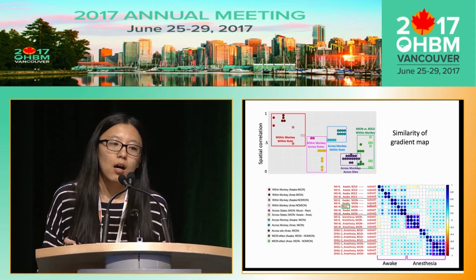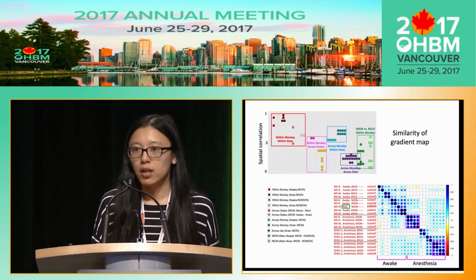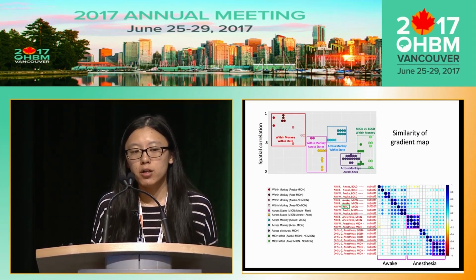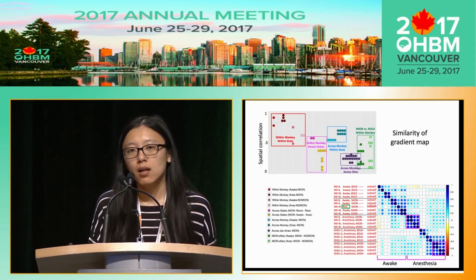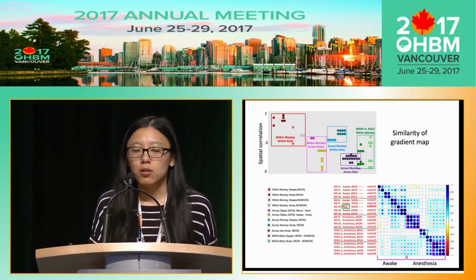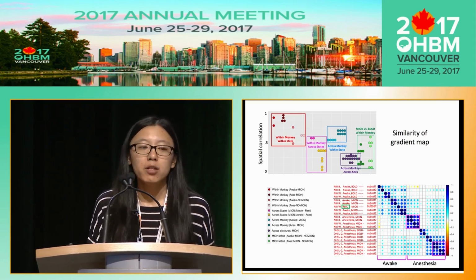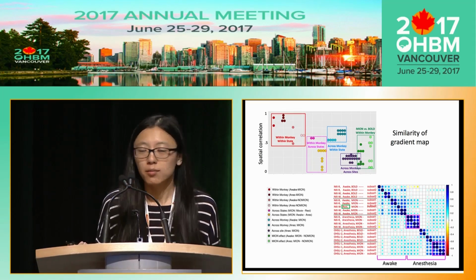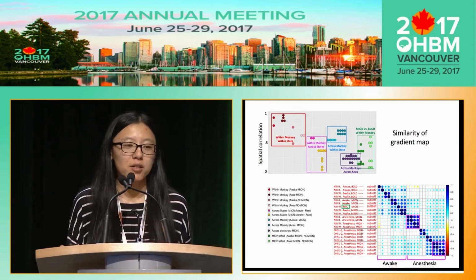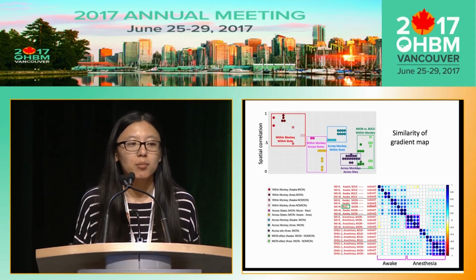So next, we also want to explore the inter-variation in different states, different monkeys, and different MRI centers. So the bottom right is a similarity matrix in different subsets, different states, different monkeys, and different sites, it's really like all the information there. So I summarized it on the top left.